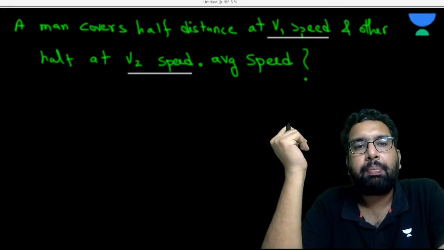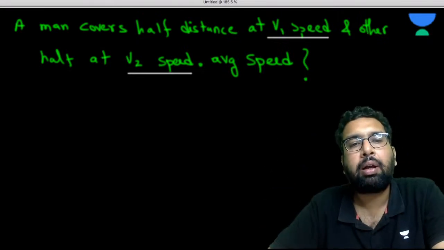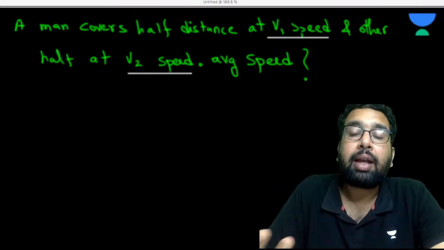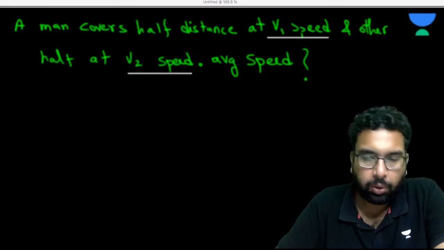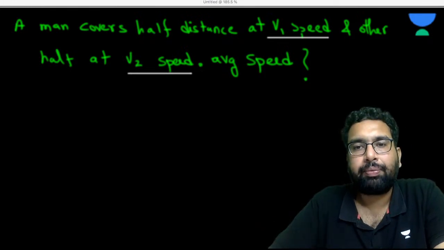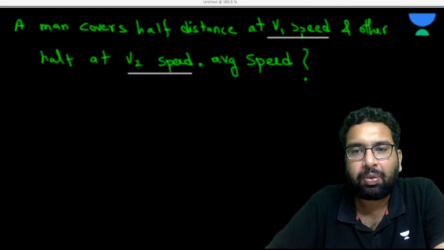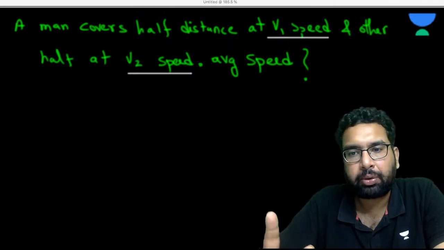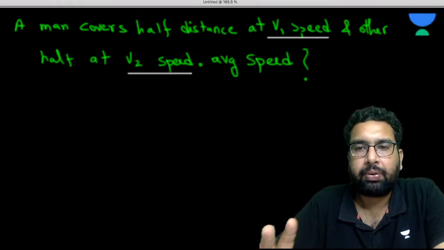So it says a man covers half distance at v1 speed. And also, you must understand that since I am working for some organization, I have to follow what they are asking me. This is how things work, right? See, I'm that kind of a person. I'm very truthful to the students. So everything is not in my hand. Please try to understand this.